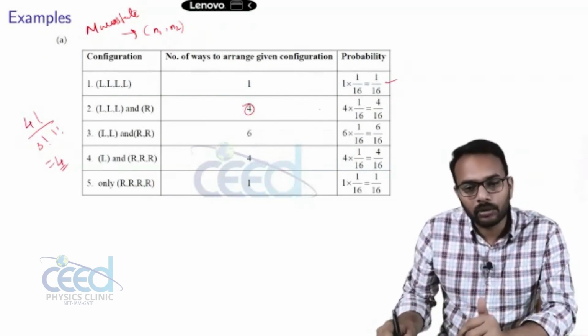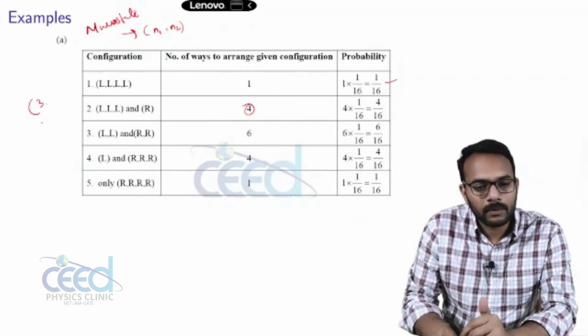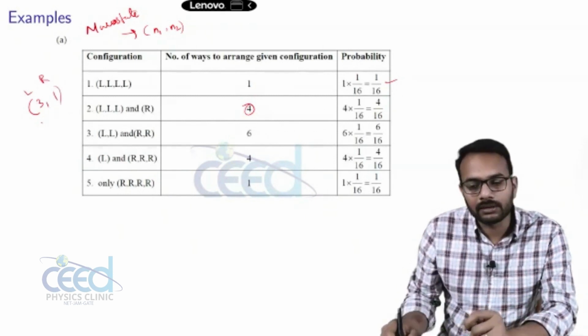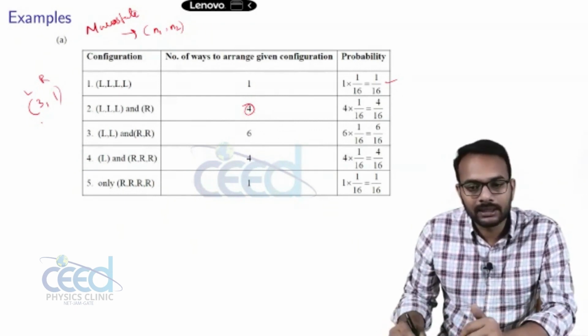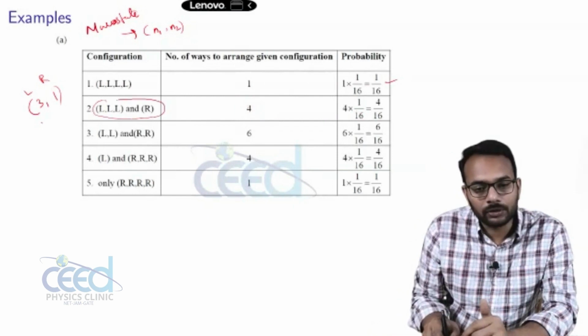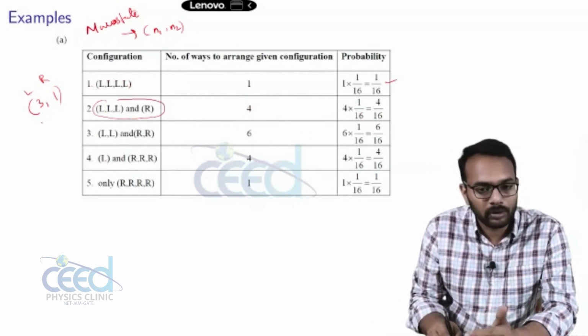So the total probability for this particular configuration, 3 on the left side and 1 on the right side, is 4 into 1 by 16, that's 4 by 16. I hope this is clear. The probability of each microstate is the same, but there are 4 ways to do this compared to 1 way to do the other.